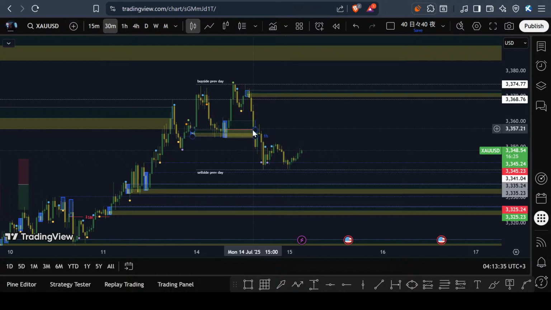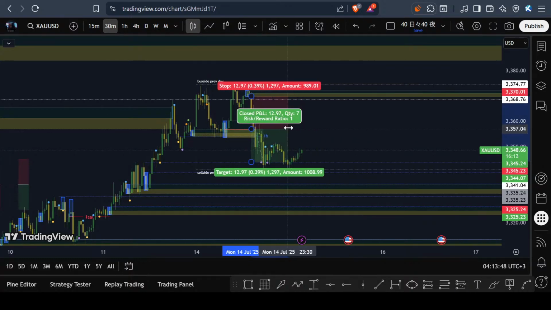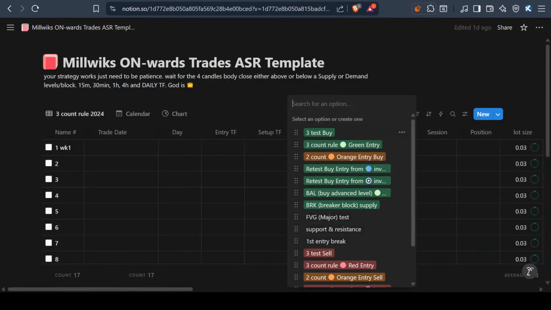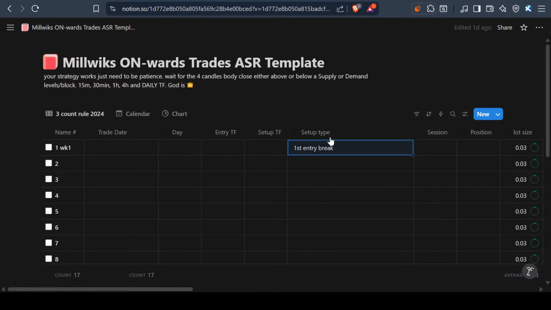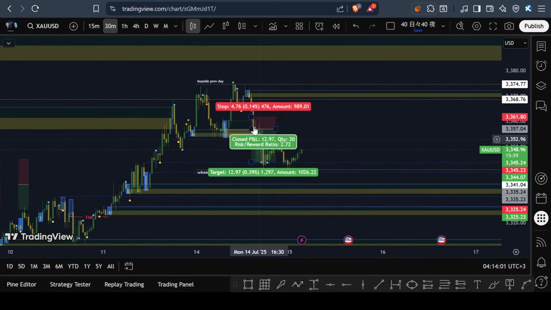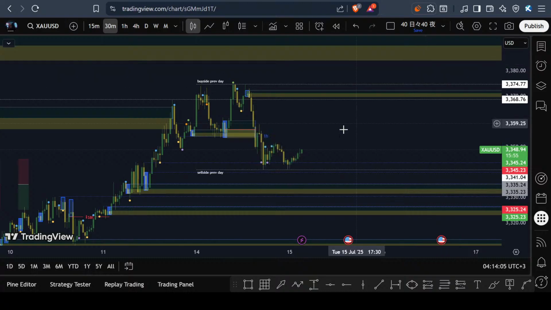Essentially it broke off this demand here, and we had a setup here yesterday. A short position from this is known as a first entry break setup. This is the name of the setup. The other setup is actually forming there, and price plummeted to the downside. Beautiful.